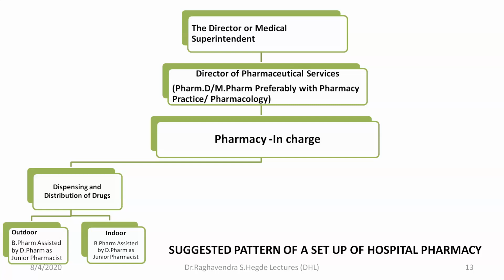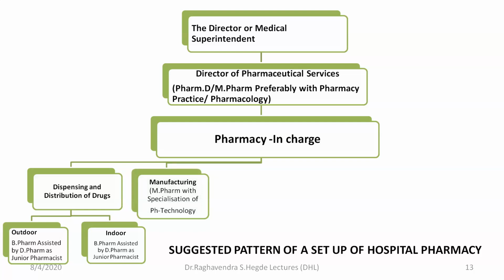So dispensing and distribution of drugs has 2 types of divisions, indoor as well as outdoor, with B.Pharm where the D.Pharm is like a junior assistant. Next, there is a manufacturing unit under the pharmacy in charge.